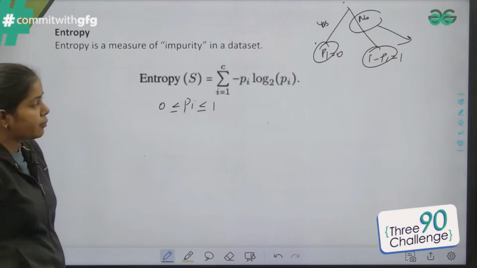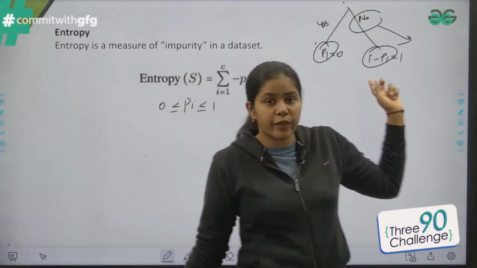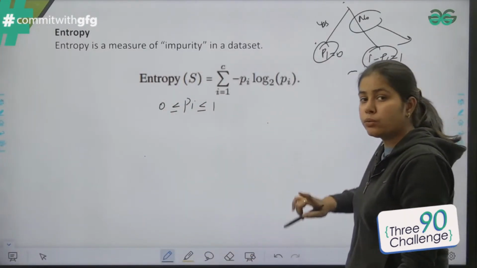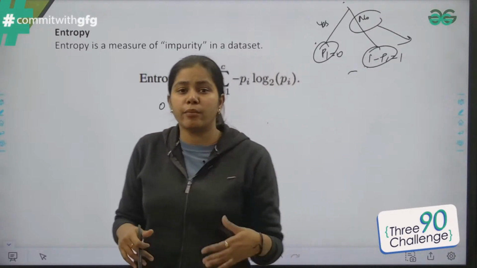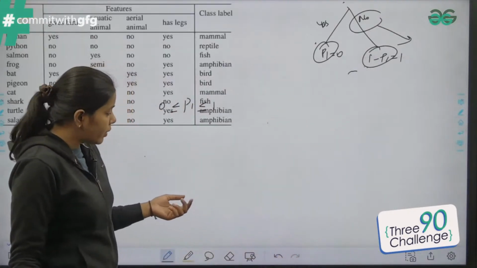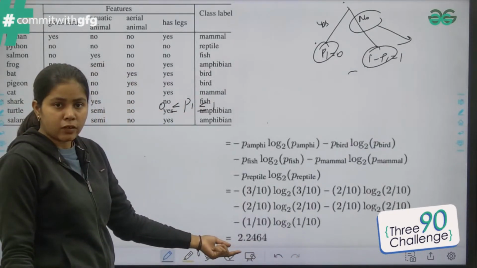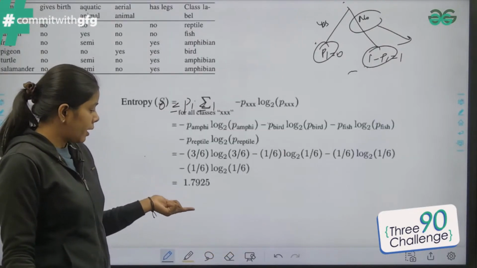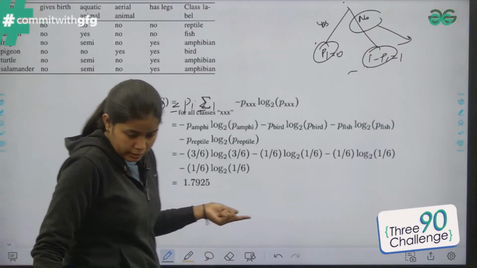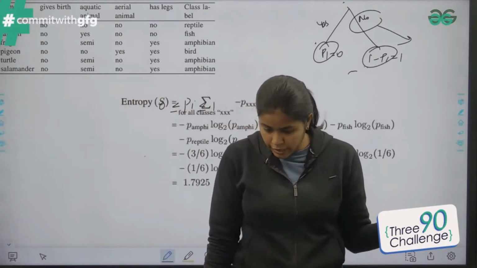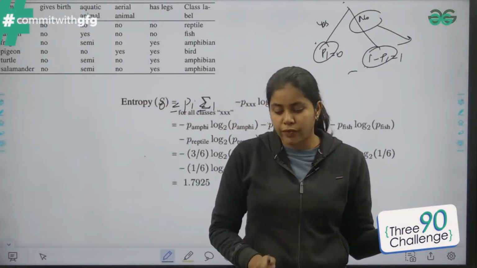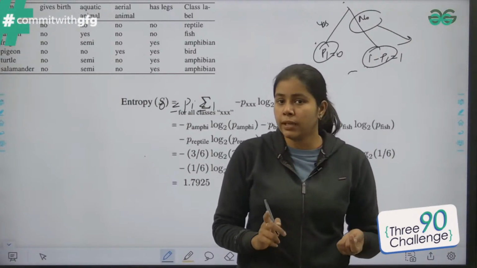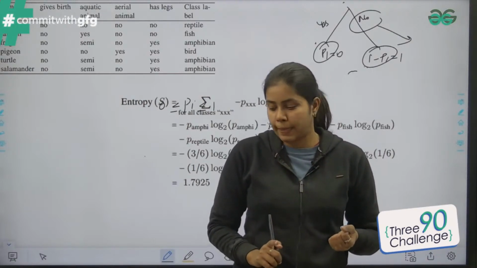And guys, I am telling you this for binary classification. If we do not have a binary classification, if we have a multi classification, then the maximum value can be anything. You can see that we are getting here 2.2464, and here 1.5, and here 1.7, right? Saurabh, Rajveer, when you are saying that the maximum value of entropy can be 1, it can be 1 when you have only binary classification, right?